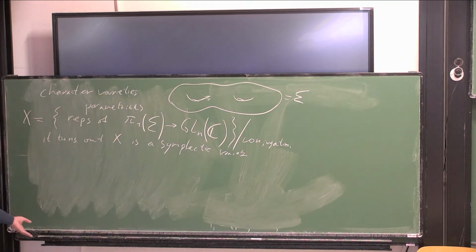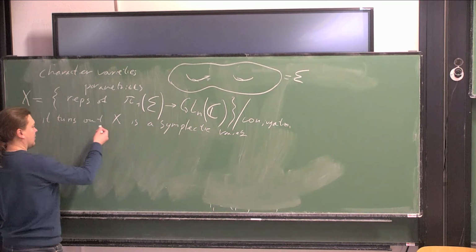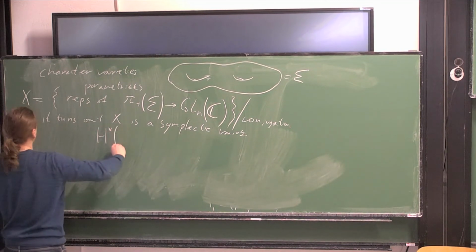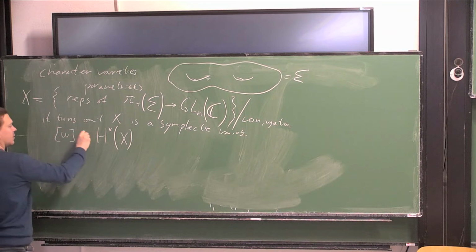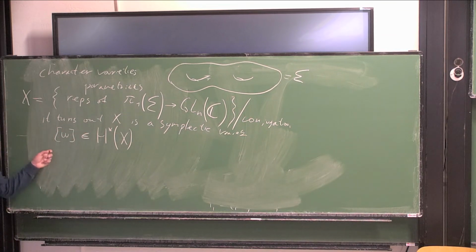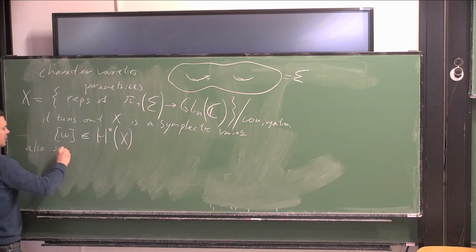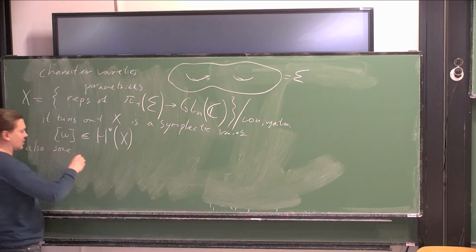And so you have the cohomology of X, and it has a class of this symplectic form, for instance. But also there are some higher tautological classes.